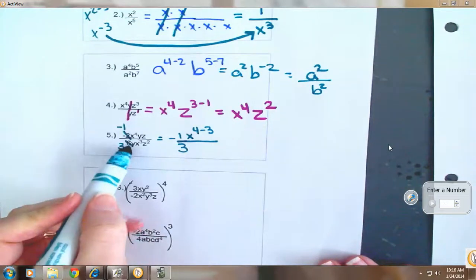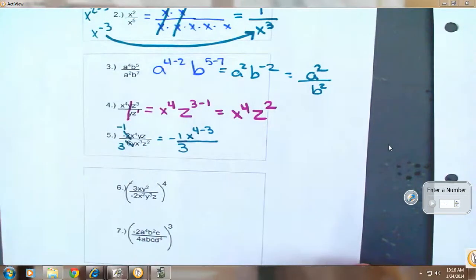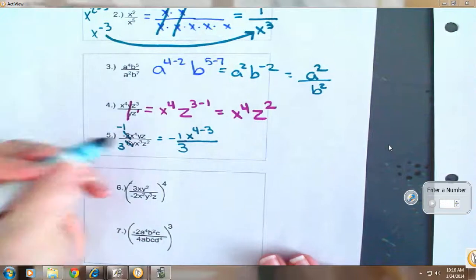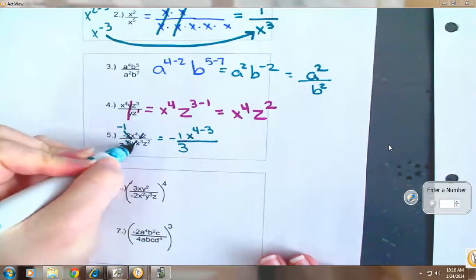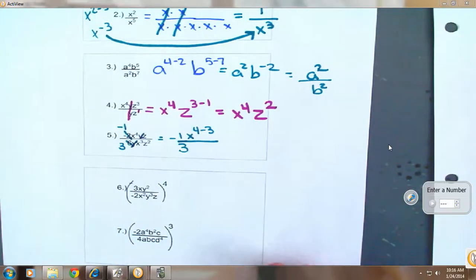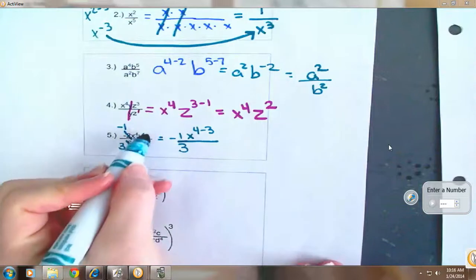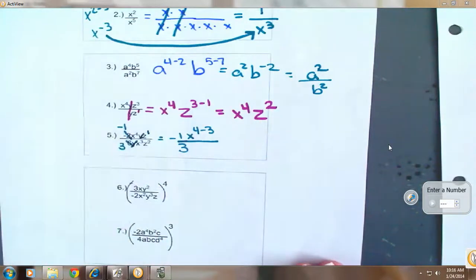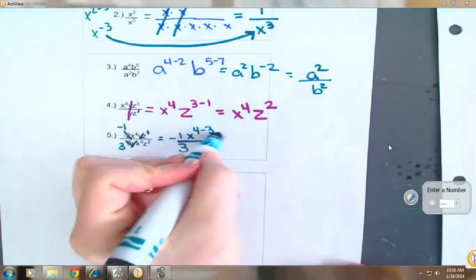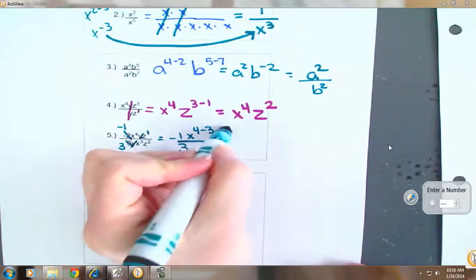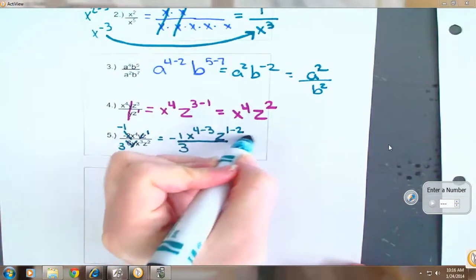Now, the y's, there is a y in the numerator and denominator, they're just a little bit out of order, aren't they? See them? So what's going to happen to those? Those y's are going to cancel out. Y divided by y is going to cancel out. Now with the z's, I have z to the first divided by z to the second. So it's going to be z to the 1 minus 2 power.